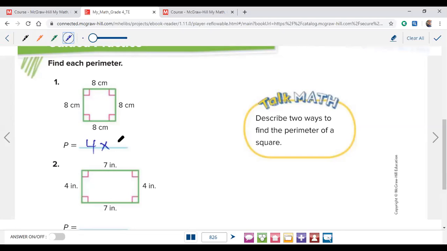So I have to multiply 4 times 8. 4 times 8 equals what? Yes, 32. So the perimeter will be 32 centimeters. As we see. Okay, good.